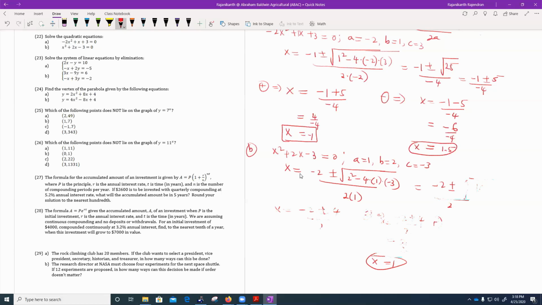If you take the negative sign, your x is going to be negative 2 minus 4 over 2, that is negative 6 over 2, that is negative 3, right? So this is my other solution. Therefore, the two solutions are 1 and negative 3.